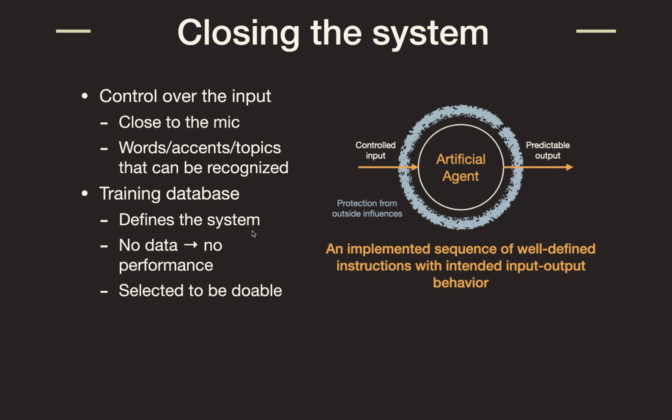And you make the system for a particular purpose and you exclude everything that does not help to create a system with that purpose. It also means that if there is no data of a particular type, then you will have no performance. So that also defines the system.